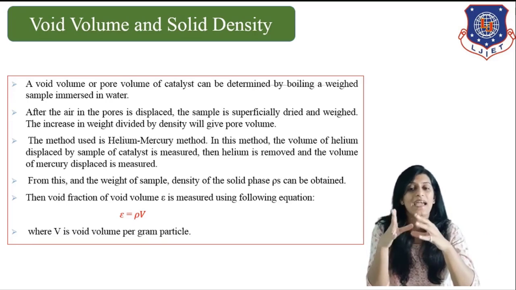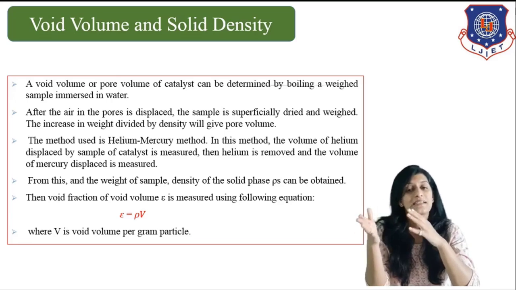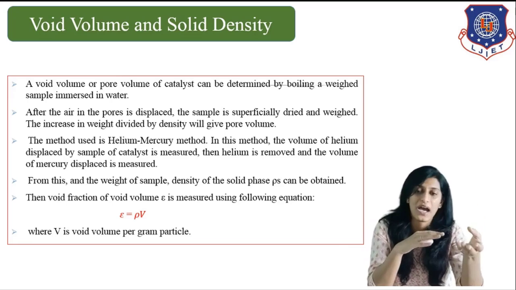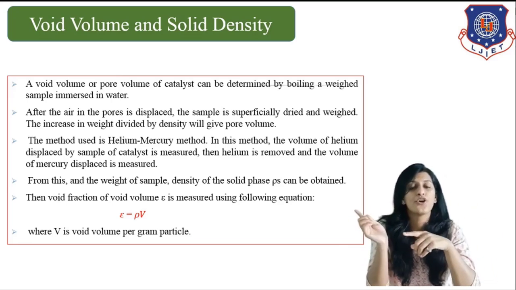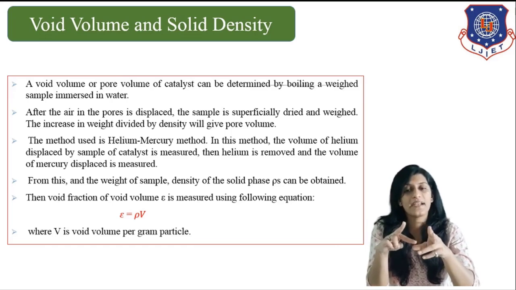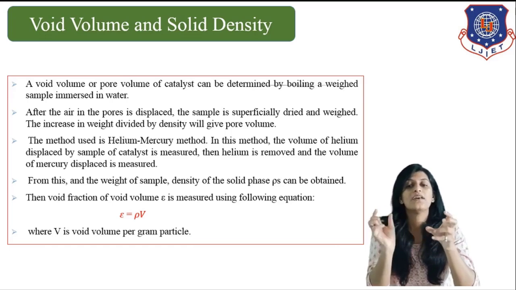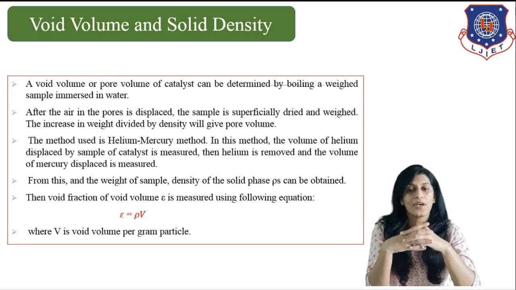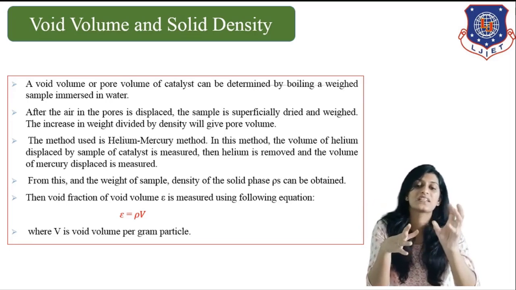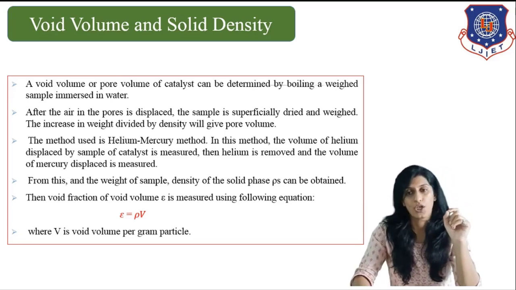After the air in the pores is displaced, the sample is superficially dried and weighed again. The difference between both weights gives the volume of our pore. The increase in weight divided by the density gives the pore volume.